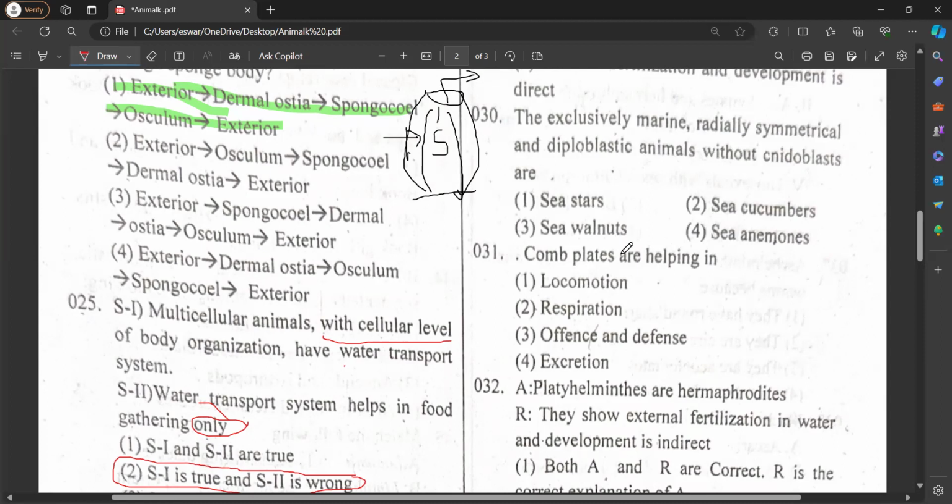Yes, sea walnuts belong to phylum Ctenophora, exclusively marine, radially symmetrical, diploblastic animals. And the cnidoblast is a characteristic feature of Cnidaria. Therefore, the answer is sea walnuts.